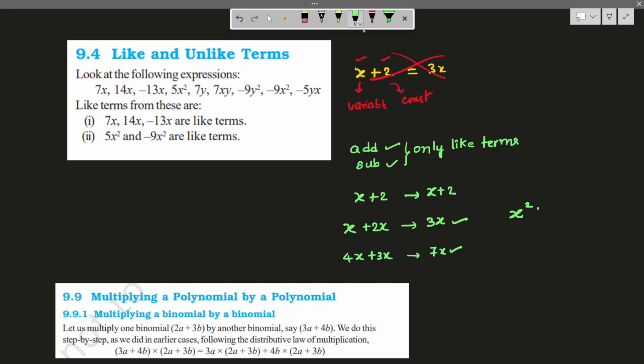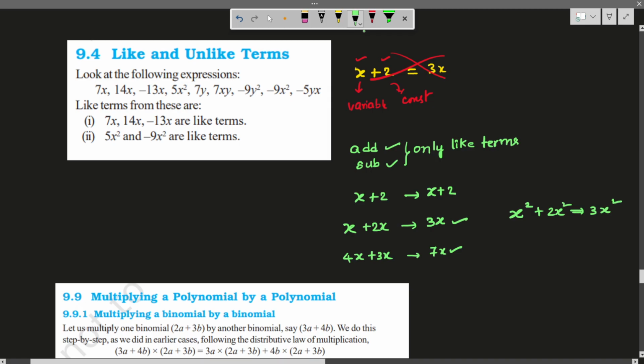Or x square plus 2x square can become 3x square. So we can add only like terms but not the unlike terms. That we must remember. What about 3xy plus 2xy? It will be equal to 5xy. That we must remember.